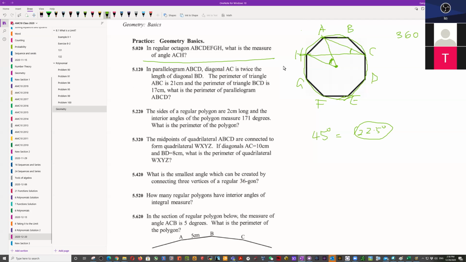I can extend this line, so I got this exterior angle. Because I have 8 exterior angles, a total of all 8 is 360. So 360 divided by 8 is equal to 45.